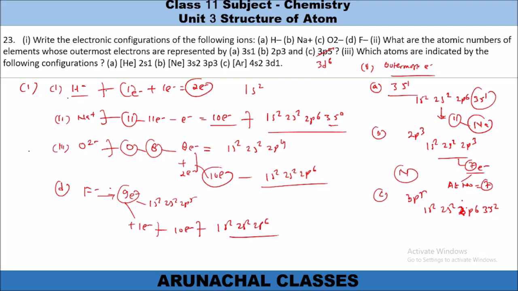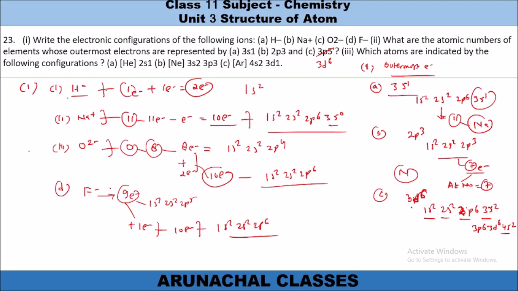If it is the case of 3d6, it will be 1s2, 2s2, 2p6, then 3s2, 3p6, then 3d6, and we have 4s2 also. 4s2 we are writing here, but it actually comes before 3d.